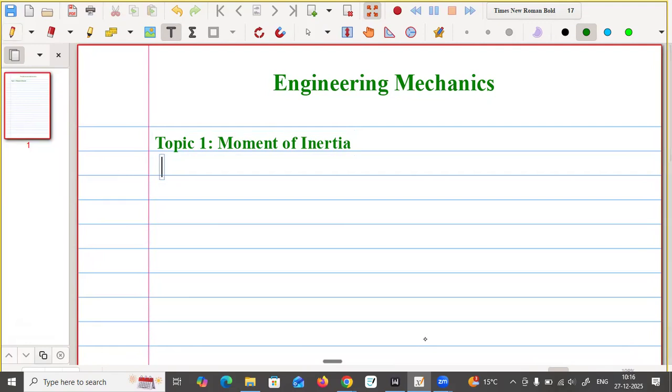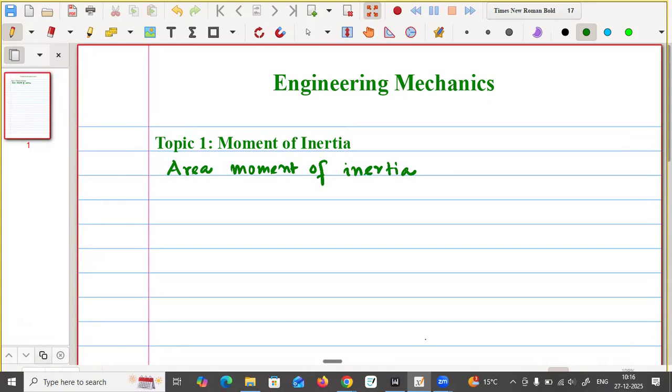One is called the mass moment of inertia, another is called the area moment of inertia. Here, in your syllabus, we are considering the area moment of inertia. So let me first write that: area moment of inertia.